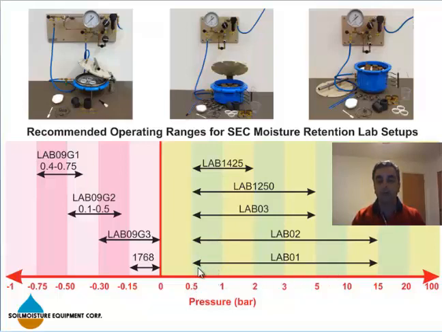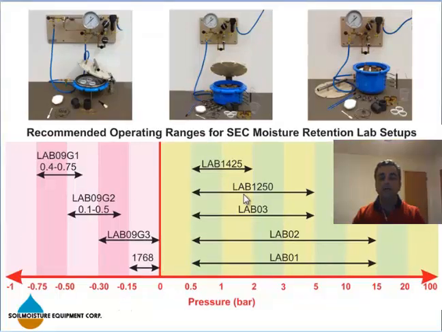That's okay, you can use it in this range, and there is no magic number here. But it is highly recommended that when you are close to saturation, instead of pressure application, you use tension application or vacuum application.